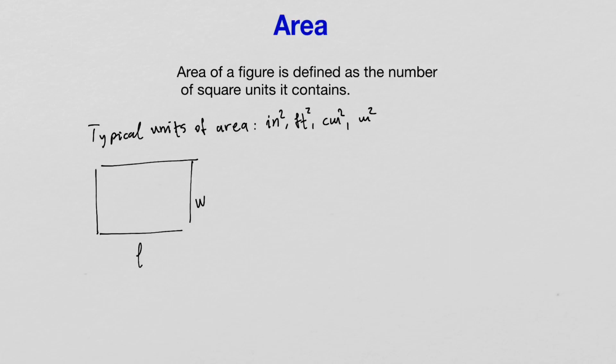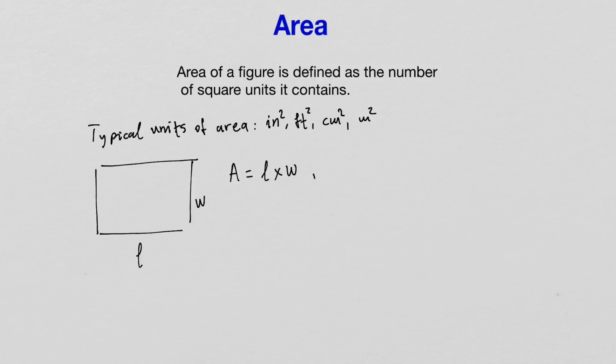So here we have a rectangle with a long side labeled with L and a wide side labeled with W. So the area of this rectangle, A, is calculated by taking the product of those two dimensions, so L times W. A note here, which is very important, is that the units for those two dimensions must be the same.